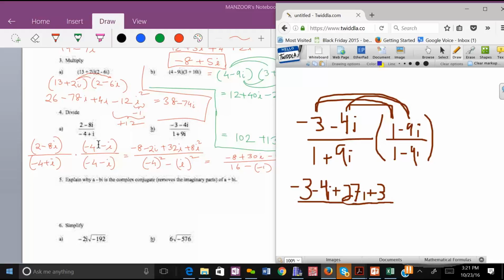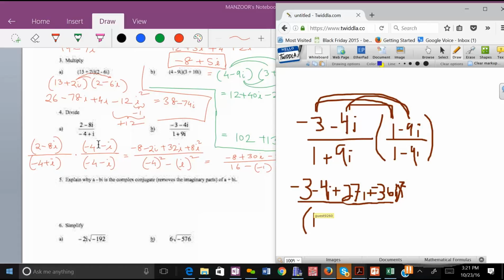Yep, perfect. And then i squared, i squared. Okay, and then that would equal negative 36. Eventually, yes. And then you can do that in the next step. Go ahead, okay, that's fine.